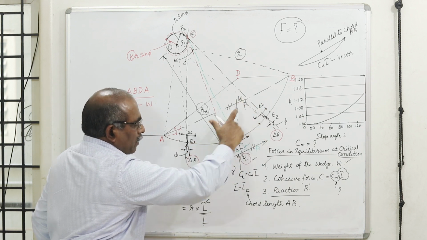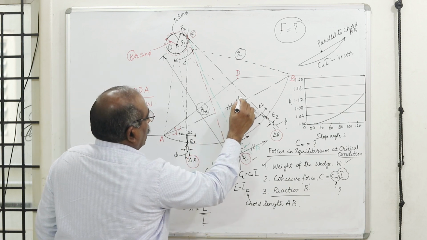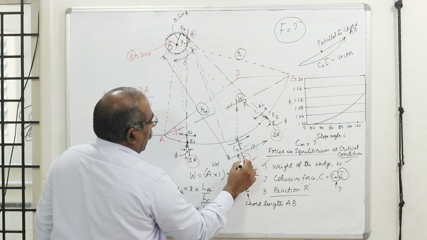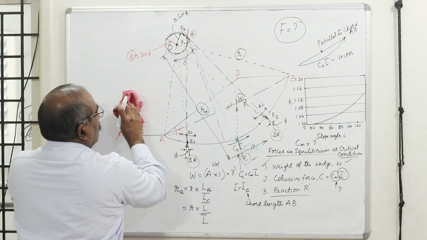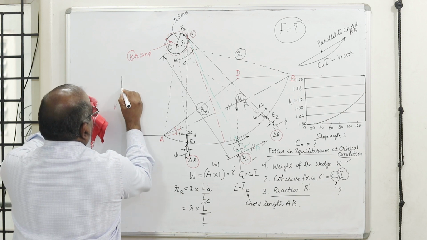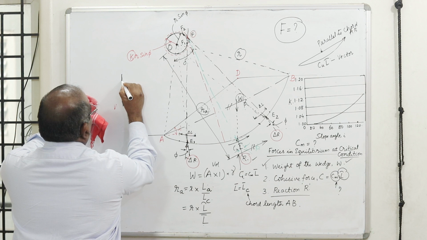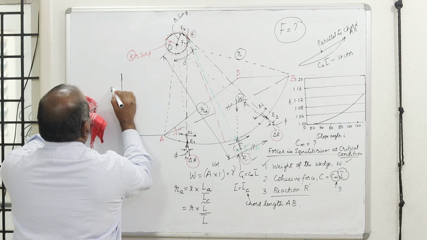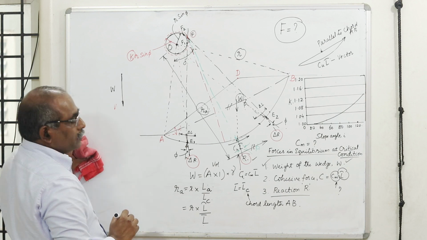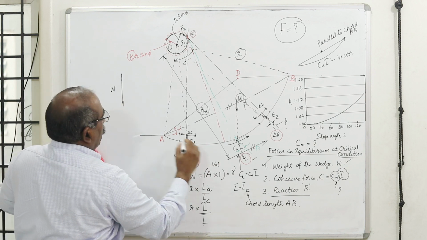I have got the weight W, I have got my R. Now I will form a force triangle. How to form the force triangle? Now I have got the weight W. To scale, I can calculate the W value and draw a vector.